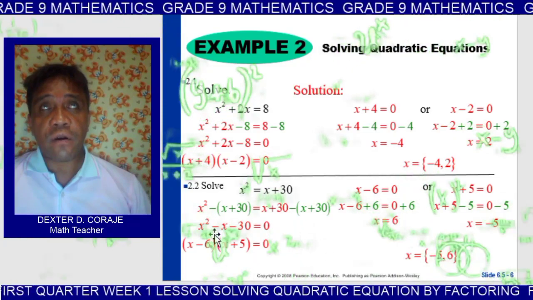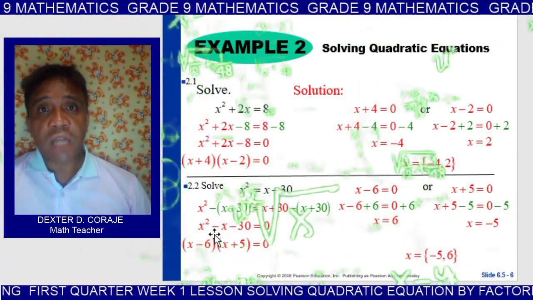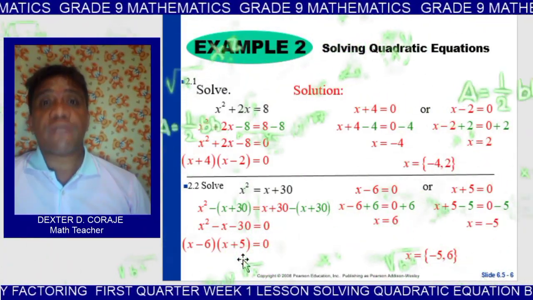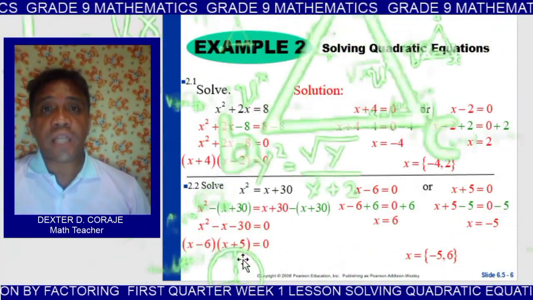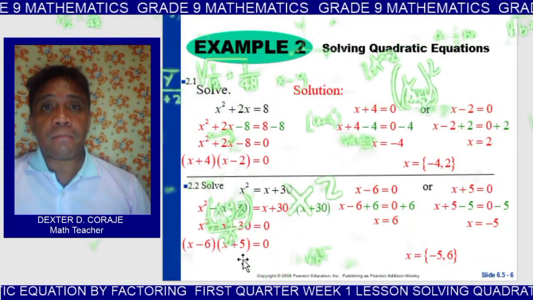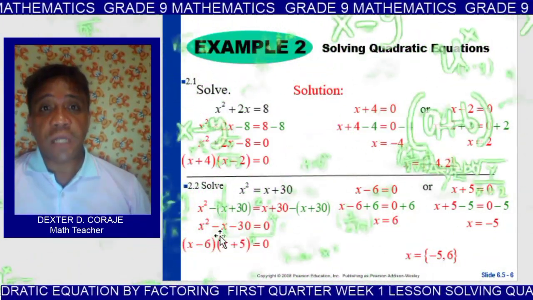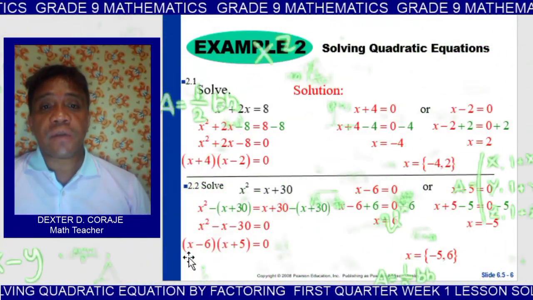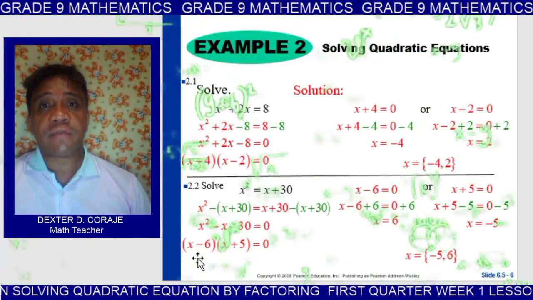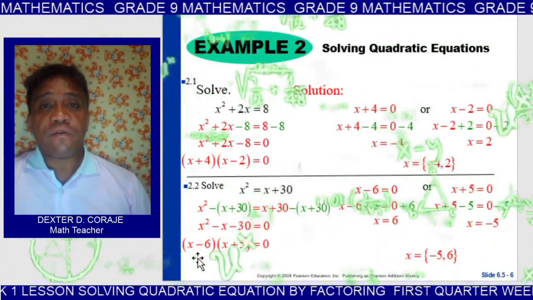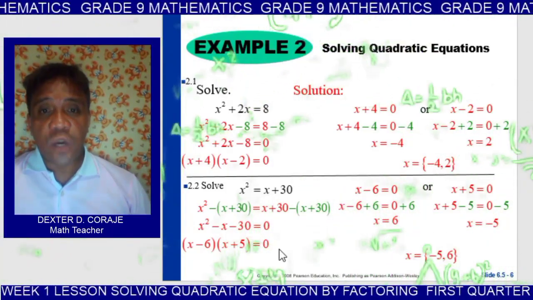So the factors of negative 30 are negative 6 and 5, because if we add negative 6 and 5, it would come up negative 1, which is the same as the middle term. And so we have the quantity x minus 6 times the quantity x plus 5 is equal to 0 as the factored form of the quadratic equation.